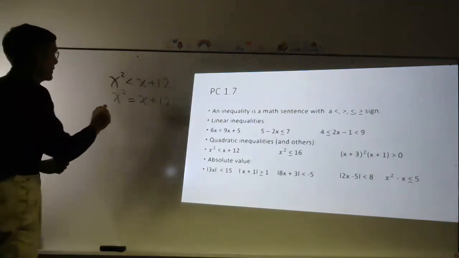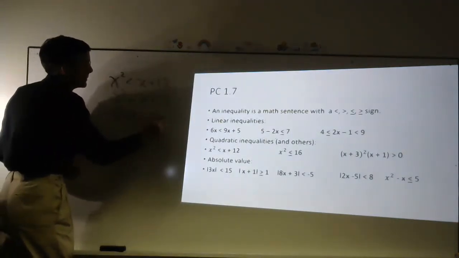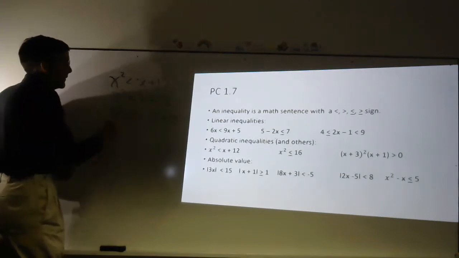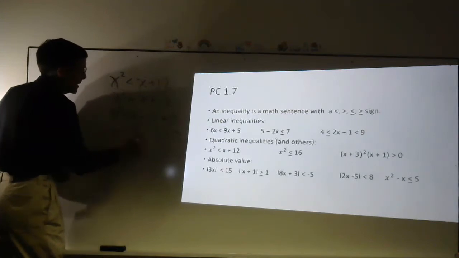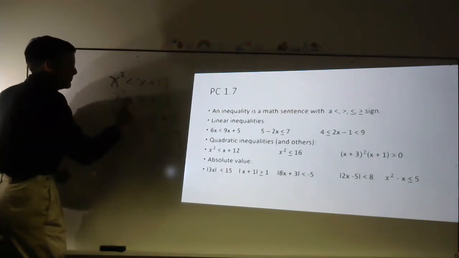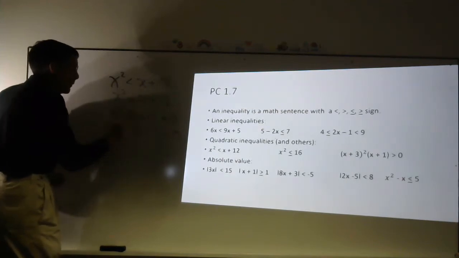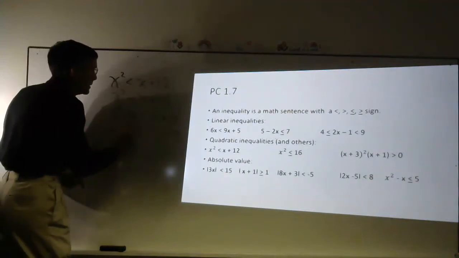Yes? Get everything on one side. Subtract x, subtract 12. Can you factor? Sure. Easy to factor. x and x, because there's nothing in front of the x squared. I need factors of 12 that subtract to give me 1. Factors of 12 that subtract to give you 1 are 4 and 3.